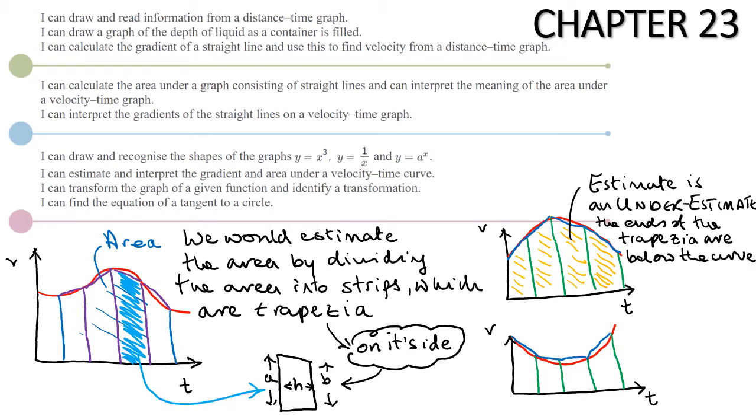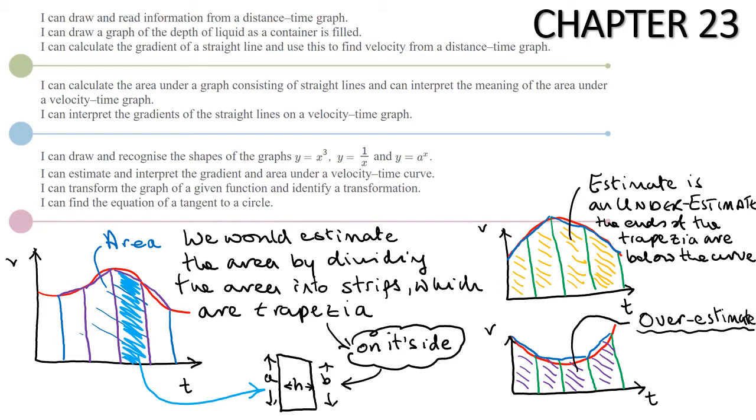Whereas if I was trying to find this area here as an estimate, you can see that the ends of the trapezia are above the curve, so my estimate here would be an overestimate, for a similar reason as before.